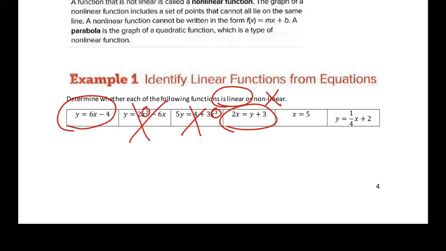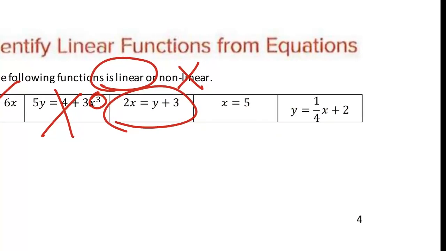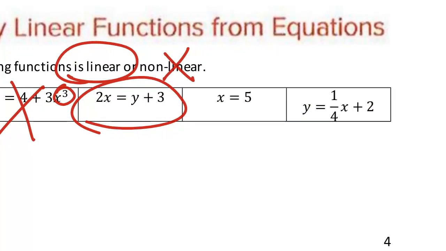x equals 5. What do you think? Linear or nonlinear? What's the exponent on the variable? Here's my variable. What is the exponent there? Somebody want to help her out?